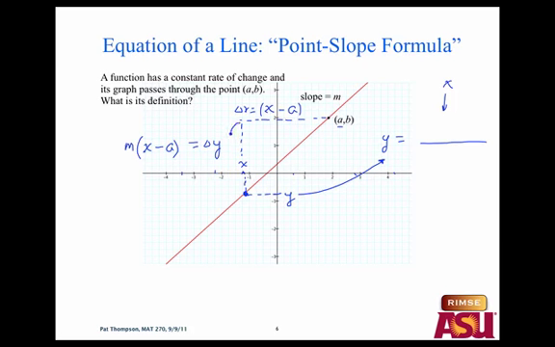So the change in y is m times the corresponding change in x, or m delta x is delta y. That was one of our big implications of changes being proportional.